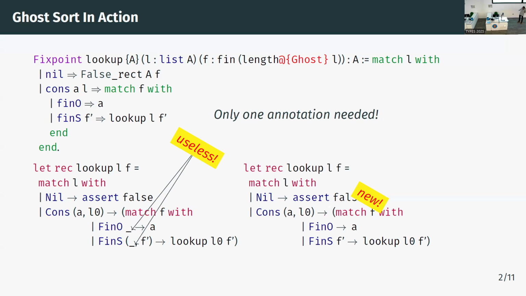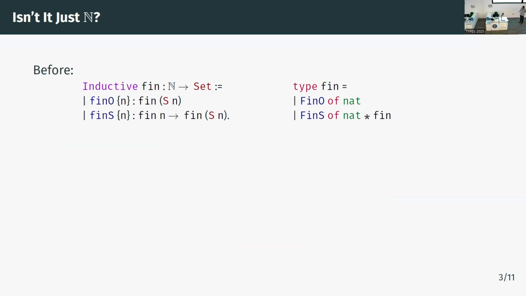This would be great, but there are some kinds of problems with indexed types, like the vectors. So what happens here is that before we had this fin inductive, which basically said that you can't inhabit fin 0, by using this natural number.